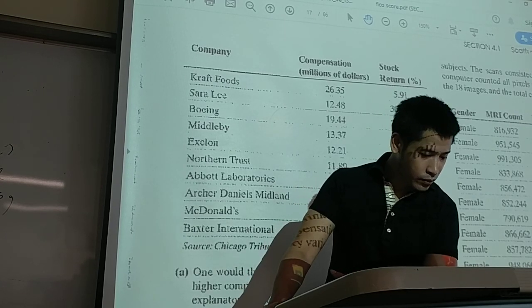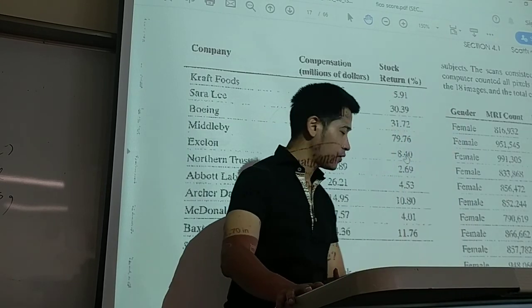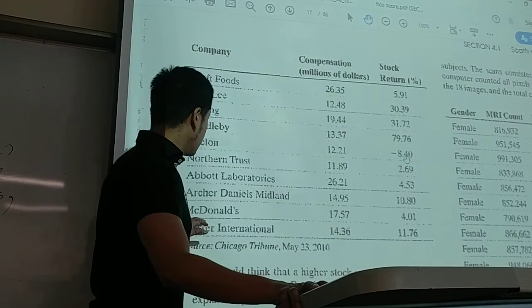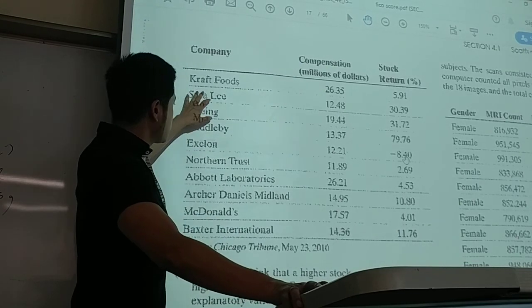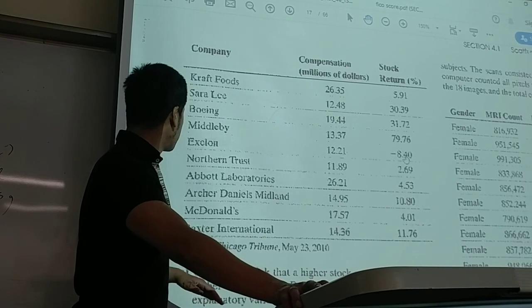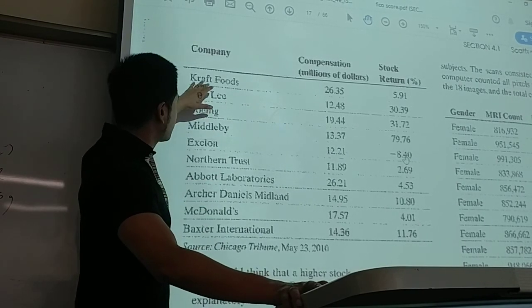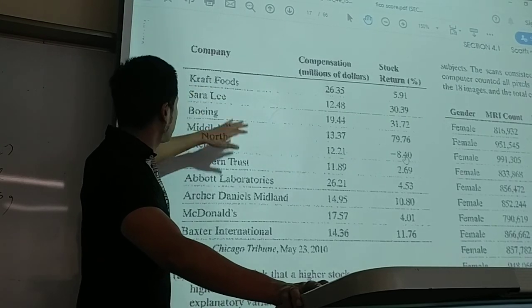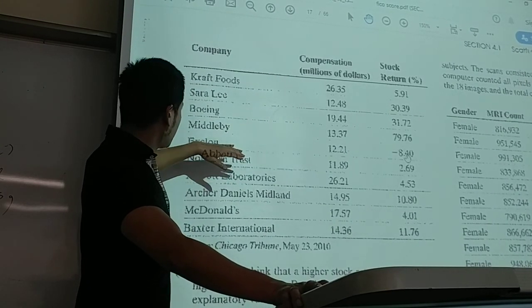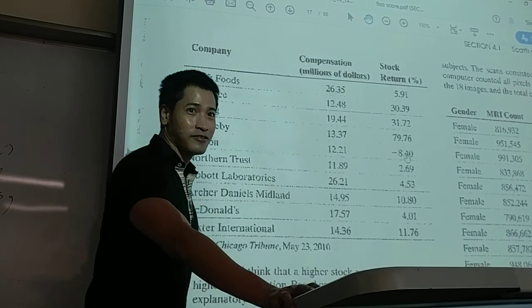So here we have like those well-known companies in the US that you tend to know. Of course, you have like McDonald's, you have Kraft Foods. It's kind of interesting, isn't it, that as a remark, the CEO of Kraft Foods is paid a lot more than the CEO of Boeing and the CEO of McDonald's.